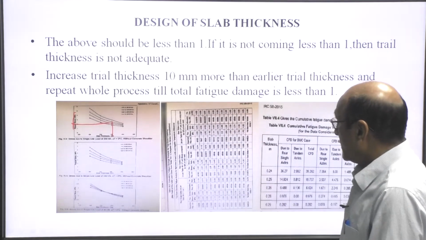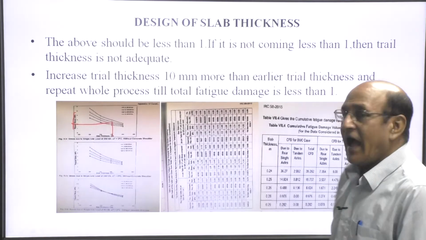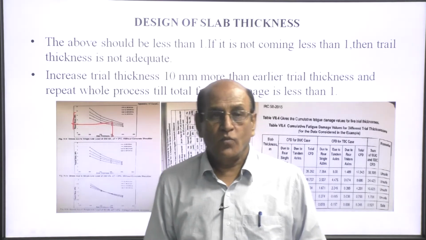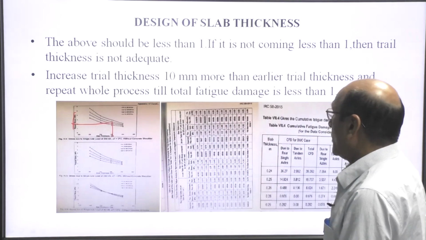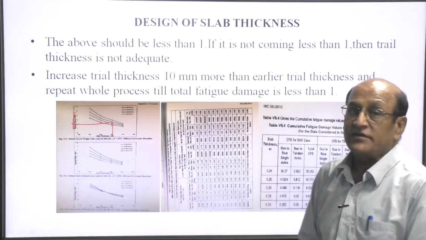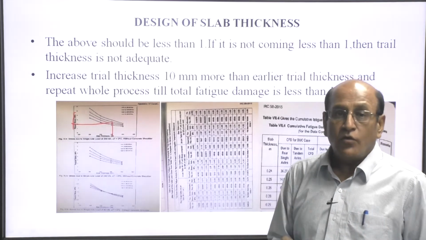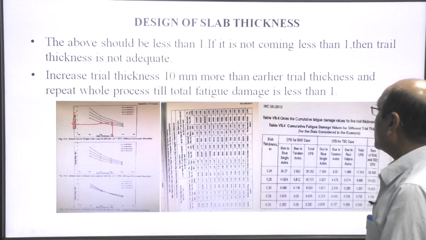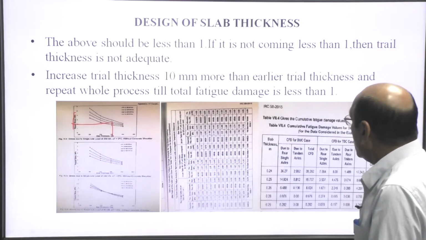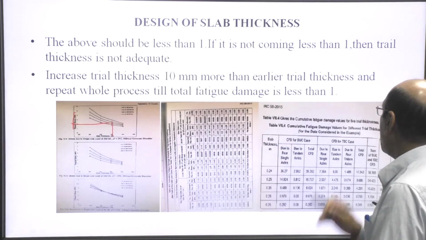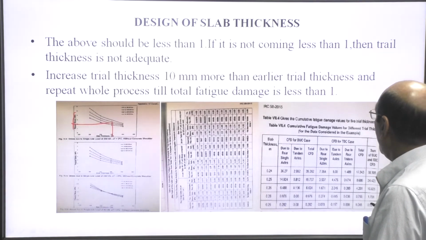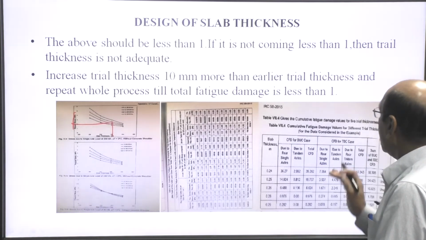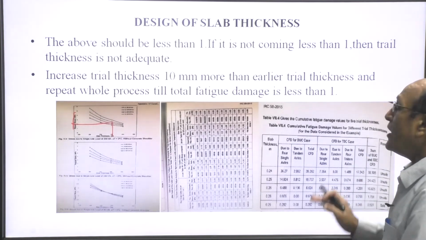And this is the axle spectrum, by which we can calculate the loads, and finally, we calculate the cumulative fatigue damage value for the different thickness, and it is given in the code.